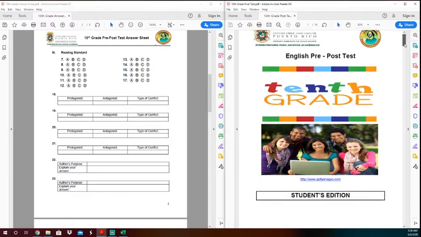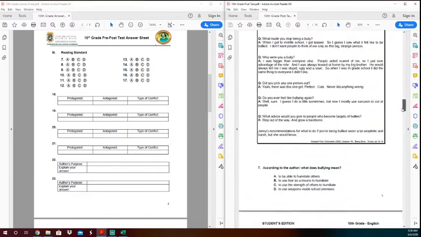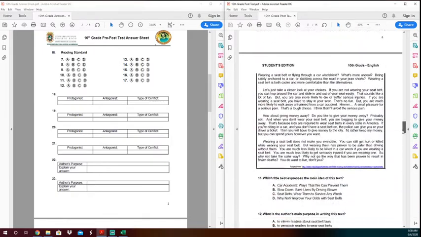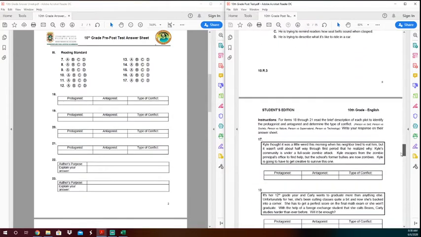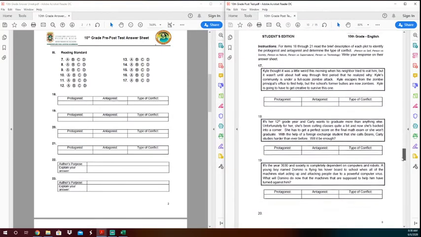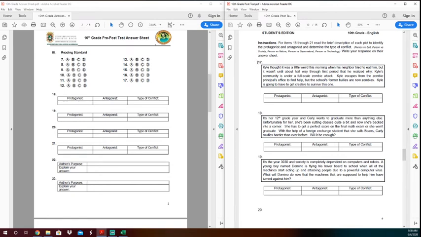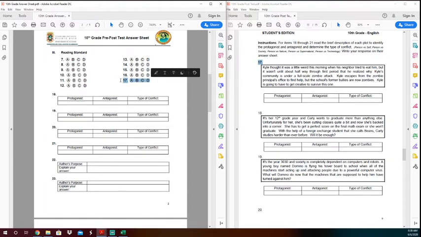If I remember correctly, there is a little bit of a mistake here. Let me see if I can identify it really fast. Yes, okay, so as you can see on the actual test, question number 17 is one of the protagonist, antagonist, type of conflict questions. So this one, please just cross it out, okay?